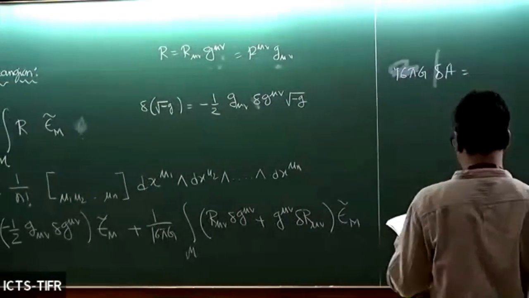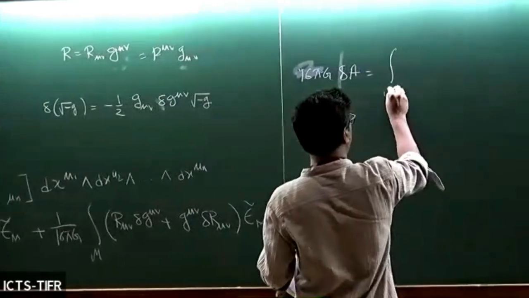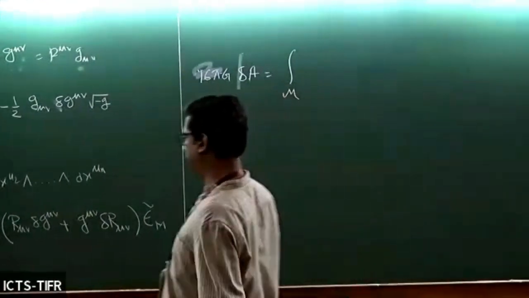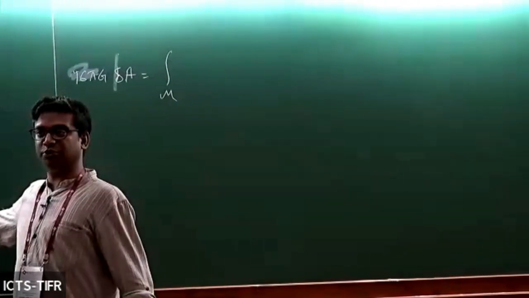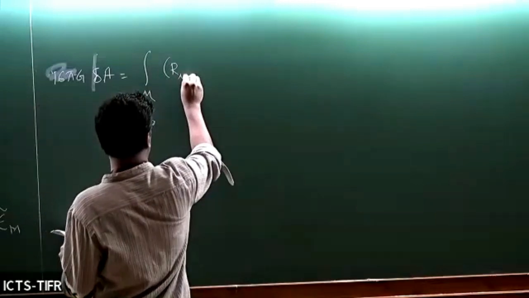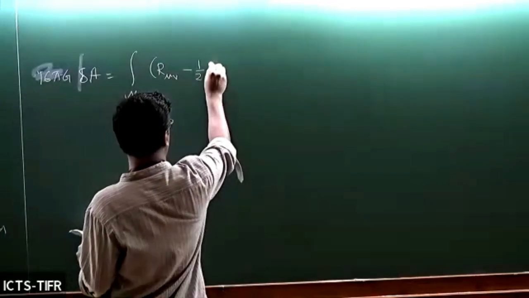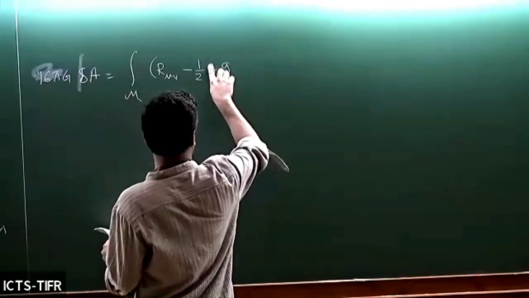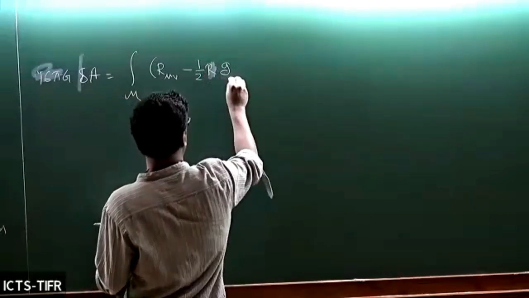Equal to, I have the manifold, and look at this. This depends on delta g mu nu, and here there is a delta g mu nu. So I will have R mu nu minus half R g mu nu.